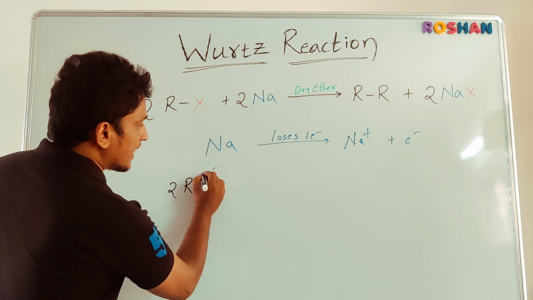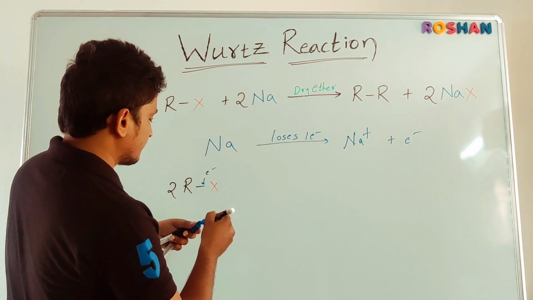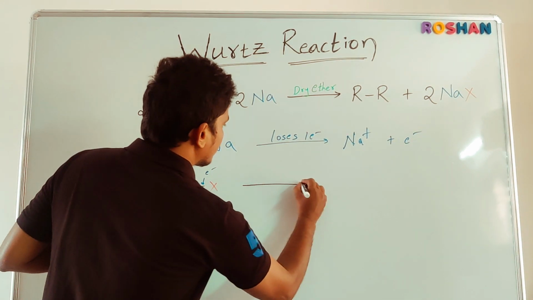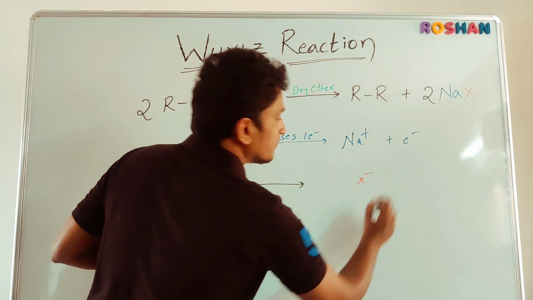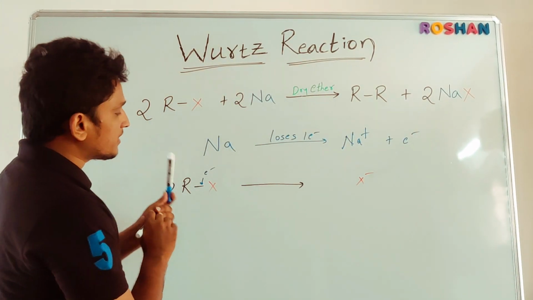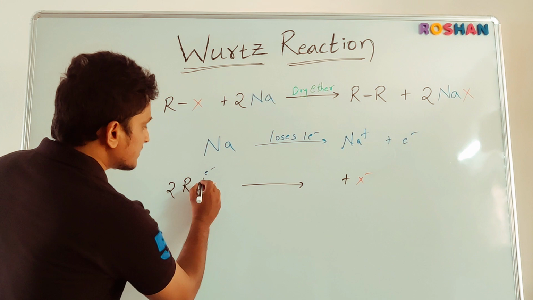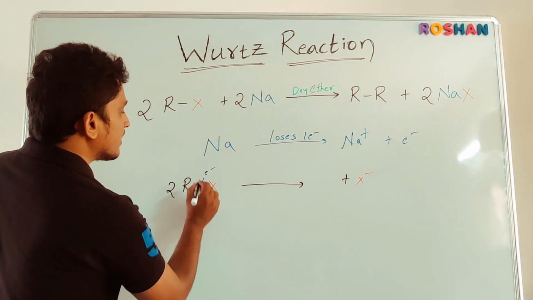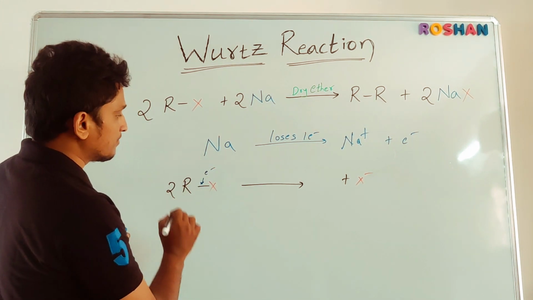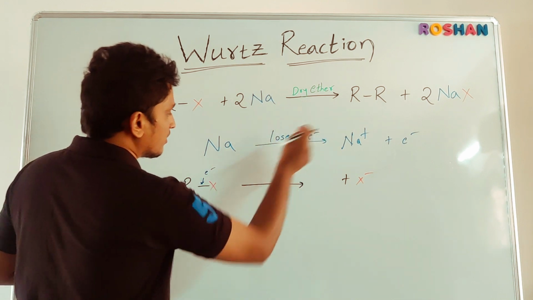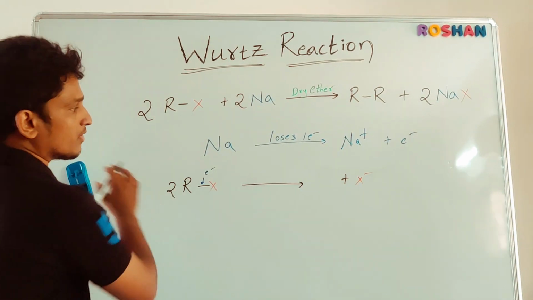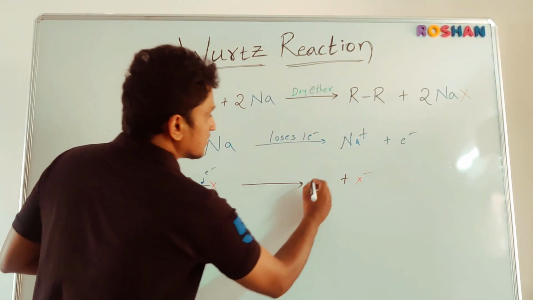This halogen gains this electron and becomes X minus. The bond breaks with homolytic fission, that means every element gets its electron back, and X gains the electron of sodium and becomes X minus.